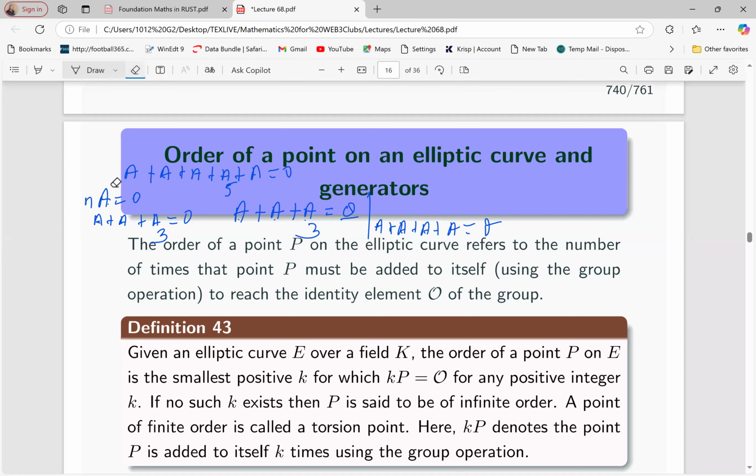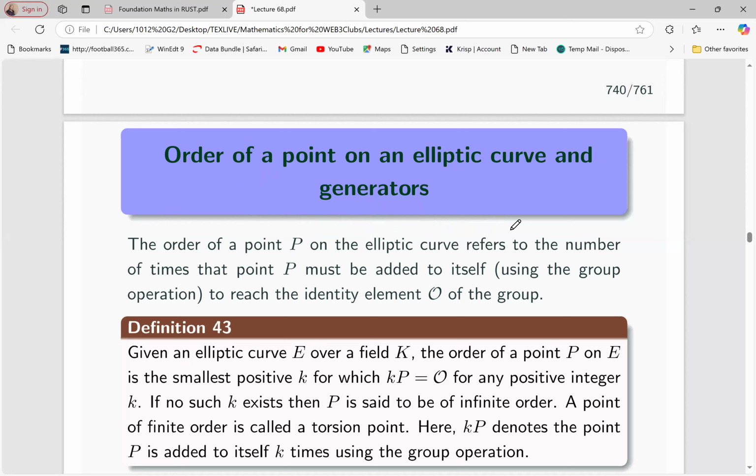What about generator? Again, I go back to group theory. When do you say that an element is a generator of a group? We say that an element under addition, and I'm again referring to groups under addition because elliptic curves are groups under addition, is a generator of the group if it generates all the elements of the group.